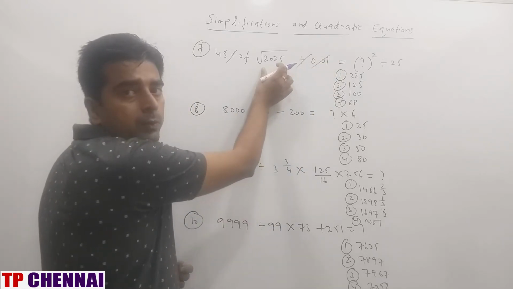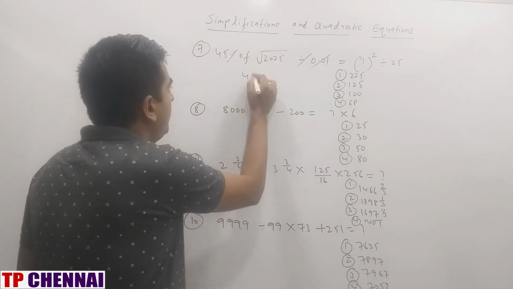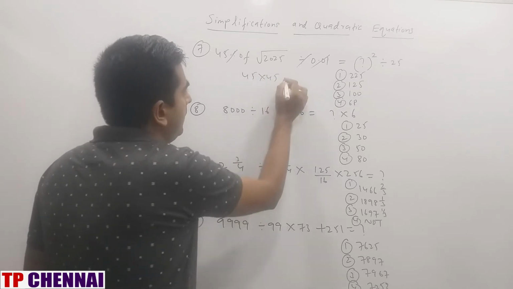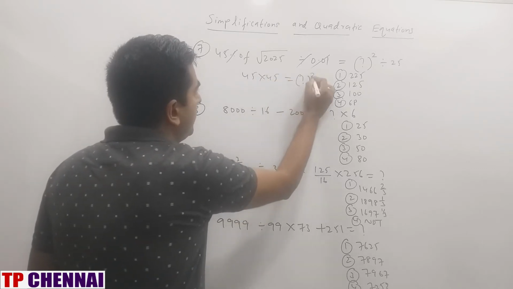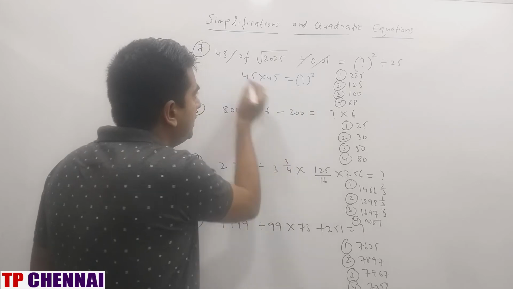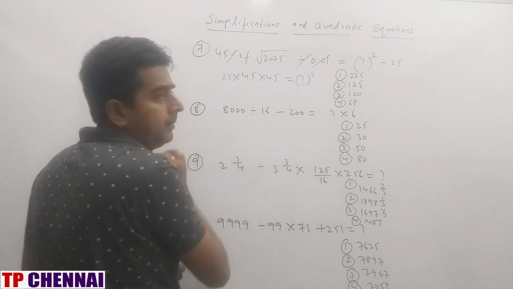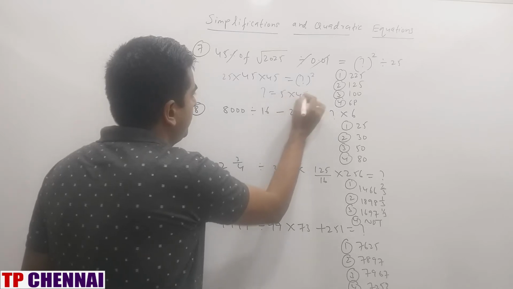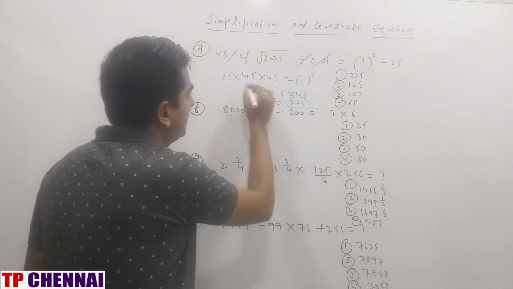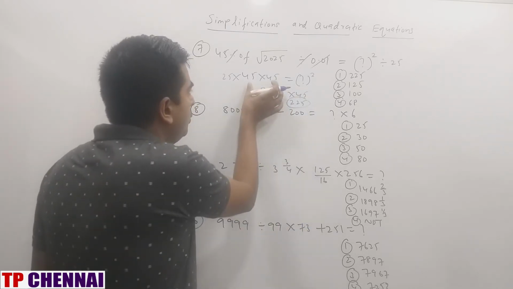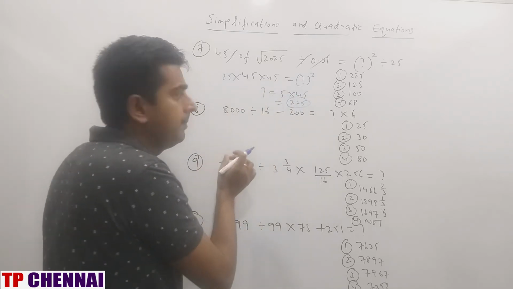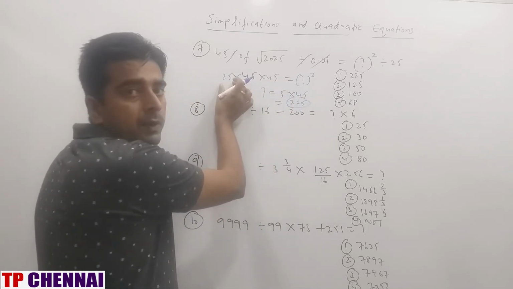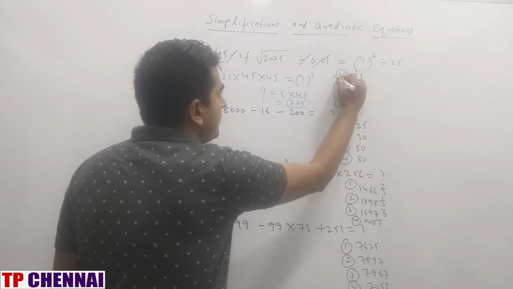Square root of 2025 is 45, so this will be 45 into 45 is equal to question mark square by 25, so it will come here. So what is the value of question mark? This is 5, this is 45, which is 225. Square root of 25 is nothing but 5, so answer is 225.